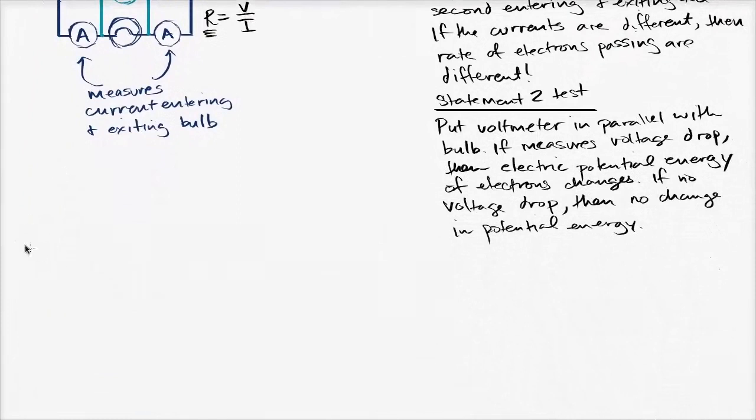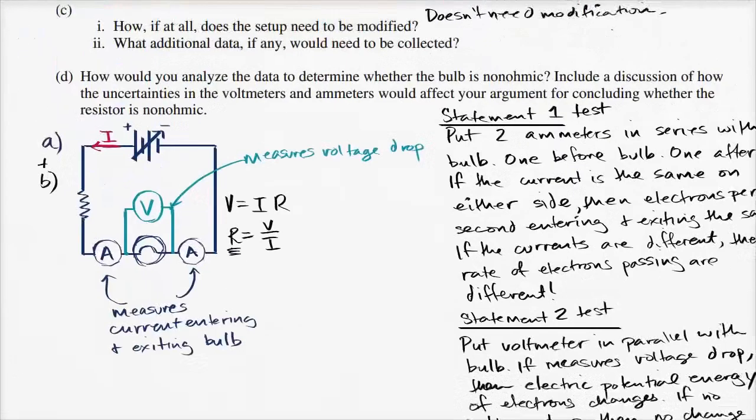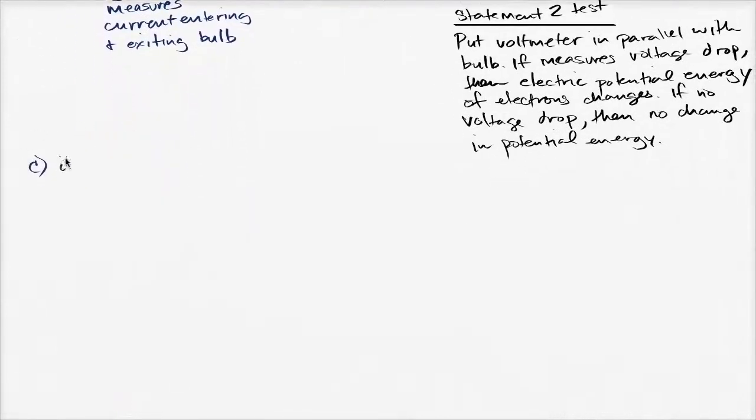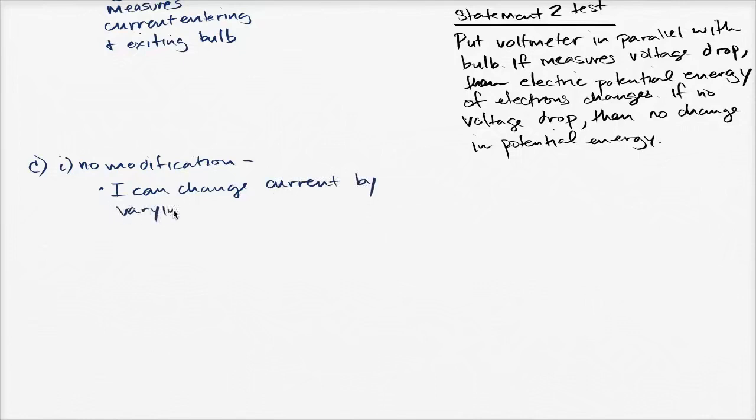So part 1 of part C was no modification. And I can explain that. I can change current by varying the power source.